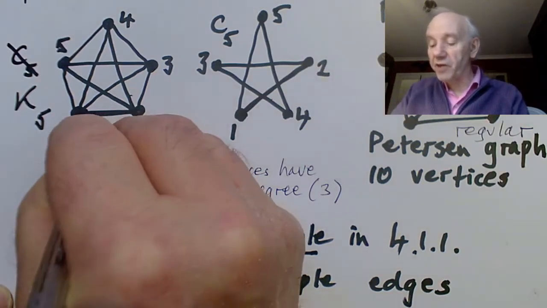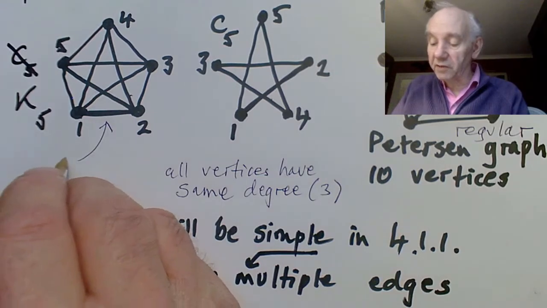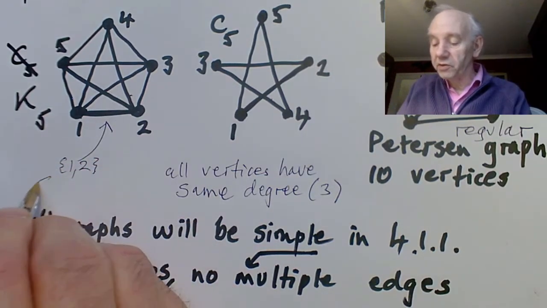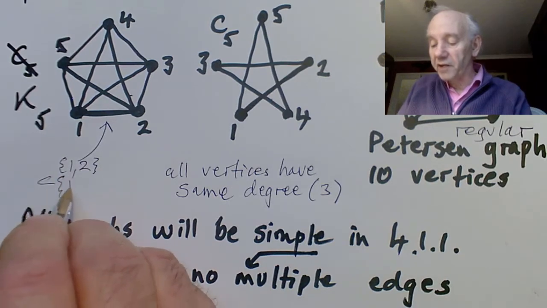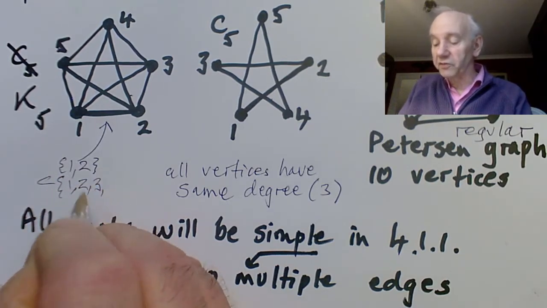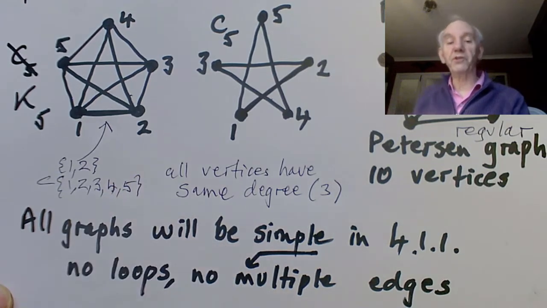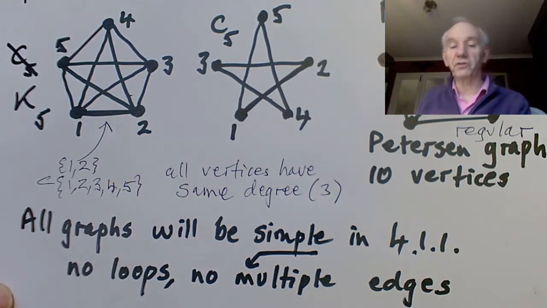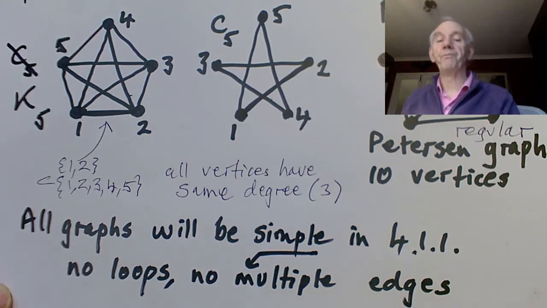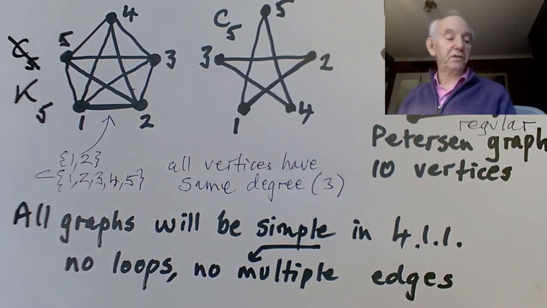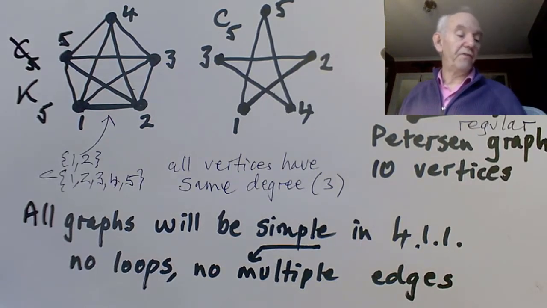For example, this edge that joins 1 and 2, I can think of as representing a subset, curly brackets 1, 2, which is a subset inside the set of 5 elements, which are the 5 vertices. And the point is I have all possible subsets because I have all possible 10 edges. So let me use that idea and give you a different way of thinking about the Petersen graph, if I can.